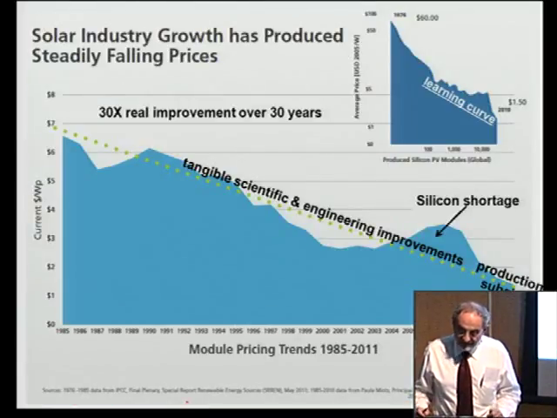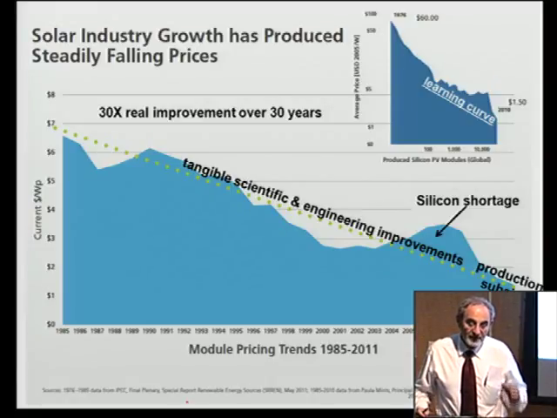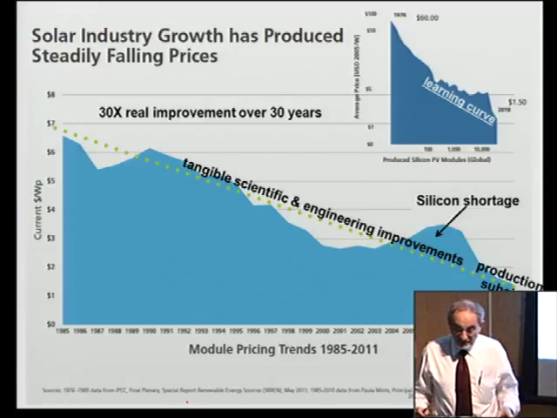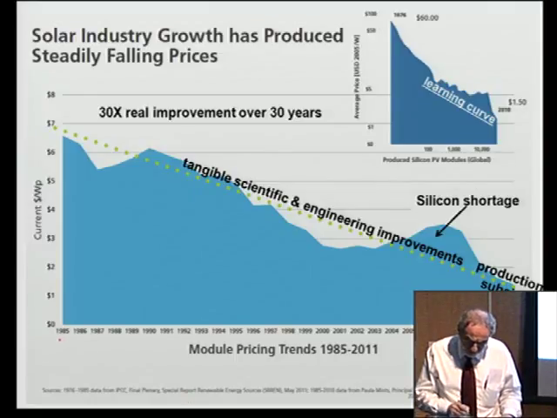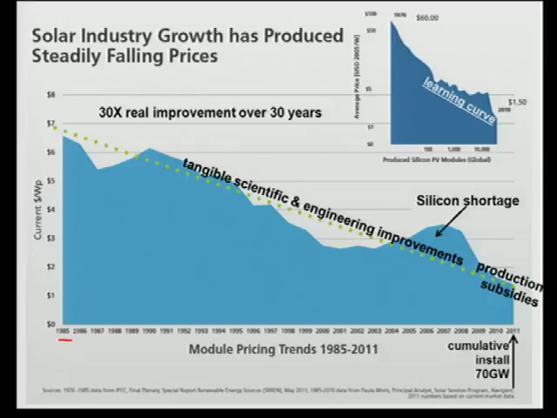Now, you might think, well, it's the same old solar panel, but there have been some distinct improvements over the years. This graph only goes back to 1985. If you go back to 1980, the price was $10 a watt. But in today's dollars, it was like $30 a watt.